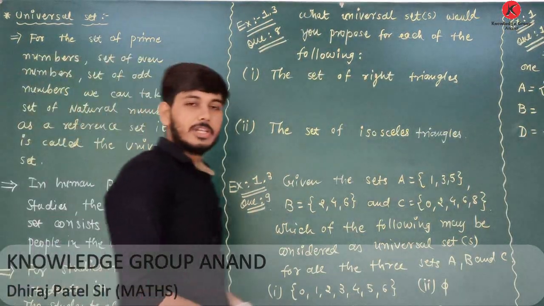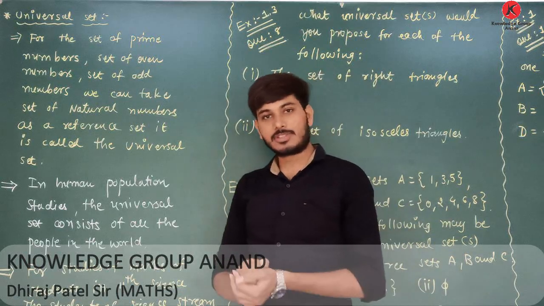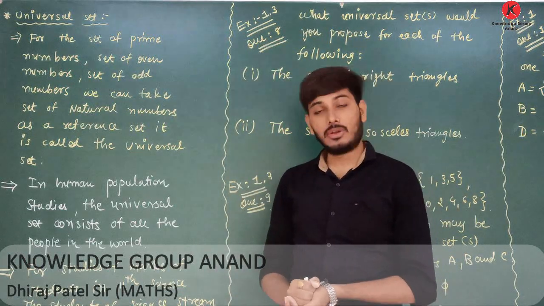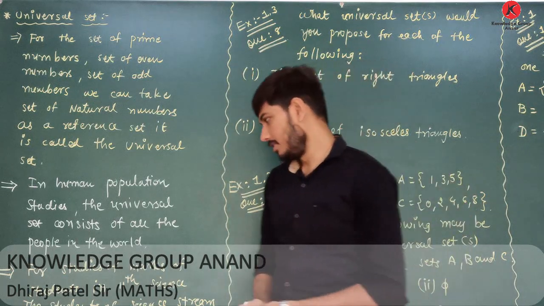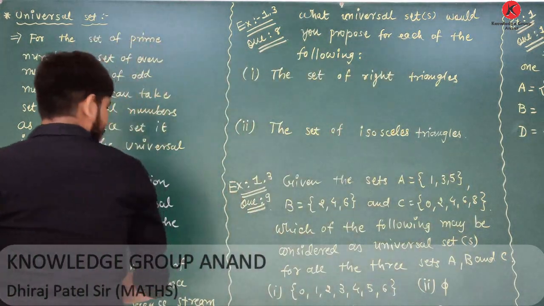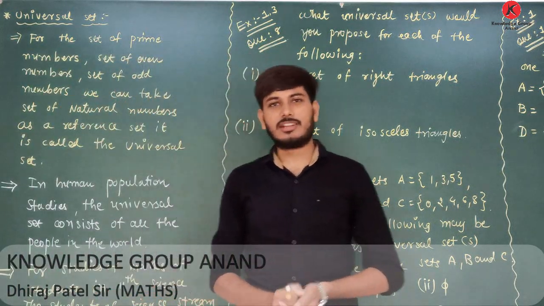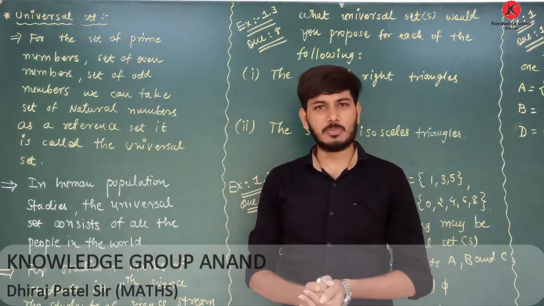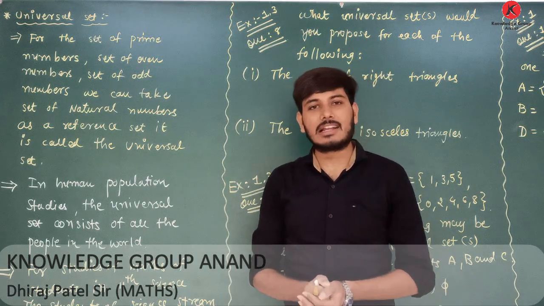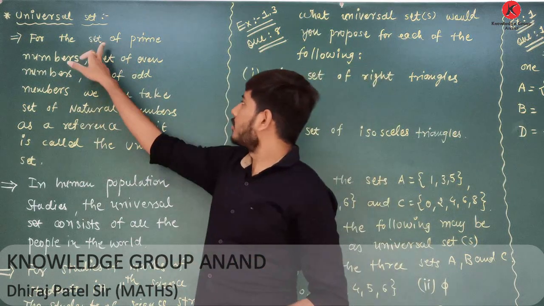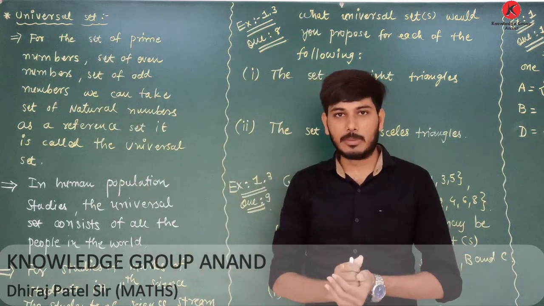The next topic is universal set. You have studied this topic in standard 9 also, and this topic is very easy for you. The definition of universal set is not given in the textbook, and the definition is not too important for us. We can understand it directly. Suppose we consider the set of prime numbers.